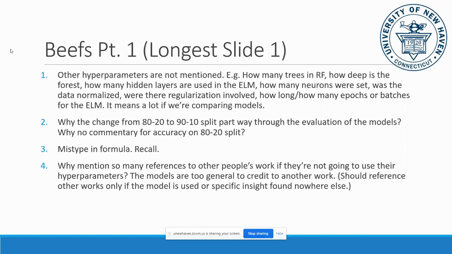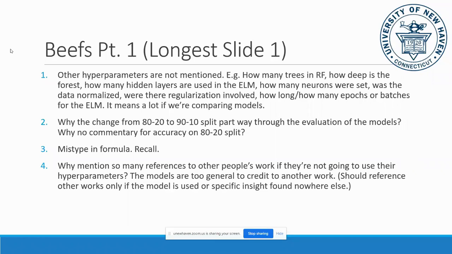Two, I was bothered that they ignored accuracy for the 80-20 split, but they talked about it in the 90-10 split. I don't know why they did that. It kind of confused me for a few minutes until I had to go look back. But they probably will fix that, maybe in the actual official publication. Three, mistypes. I hope they fix those in the final publication.